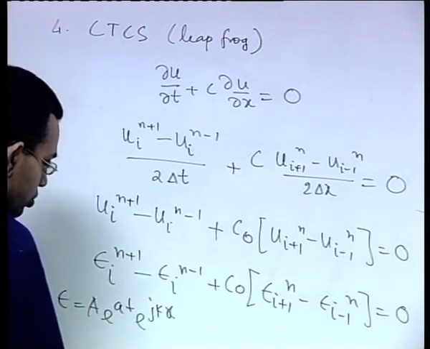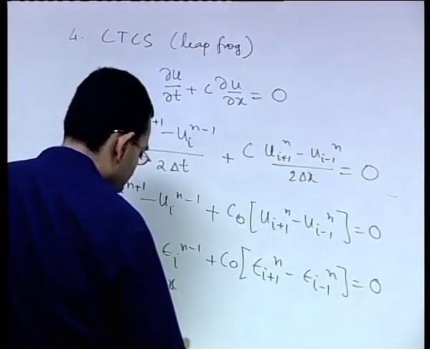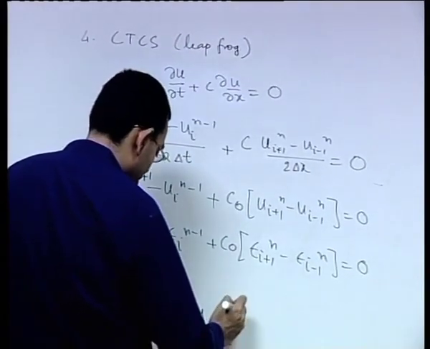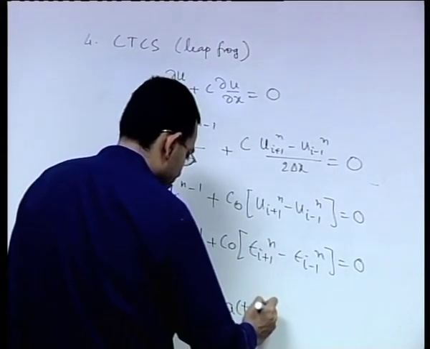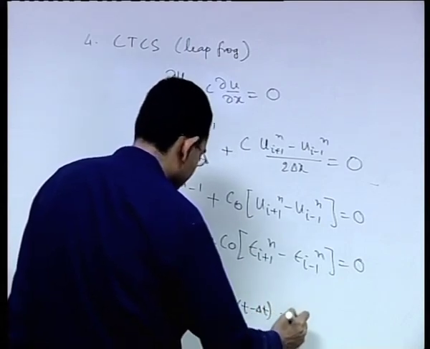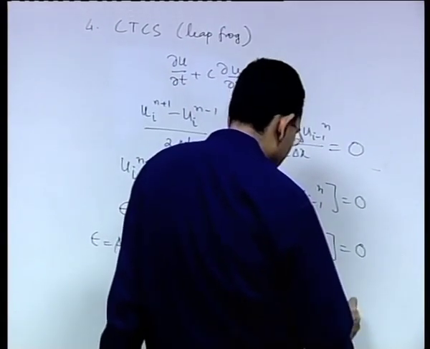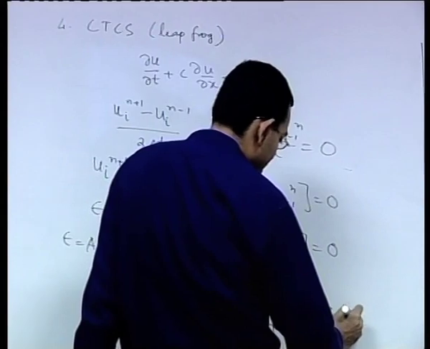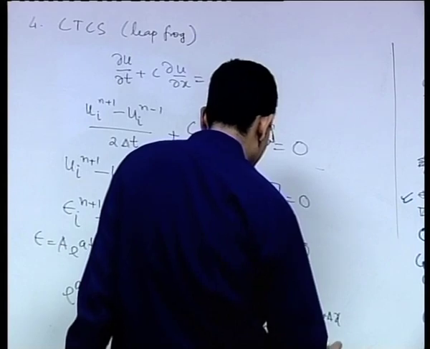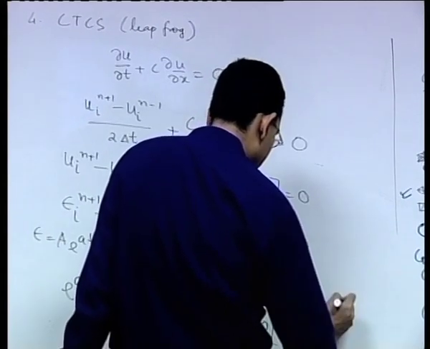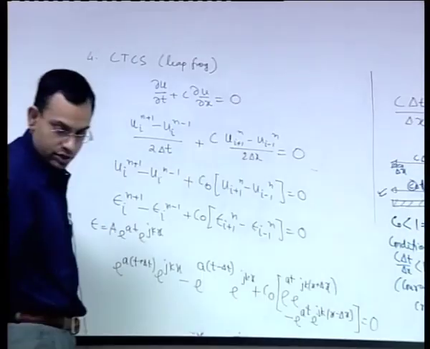So, it becomes e to the power a t plus delta t into e to the power j k x minus e to the power a t minus delta t into e to the power j k x plus Courant number e to the power a t e to the power j k x plus delta x minus e to the power a t e to the power j k x minus delta x, that is equal to 0.